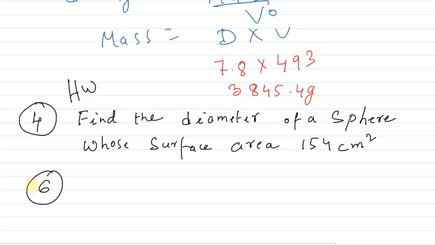So the inner diameter of a spherical brass is given, and we have to find the cost of the tin plating in it, if the rate is rupees 16 per 100 centimeter square.